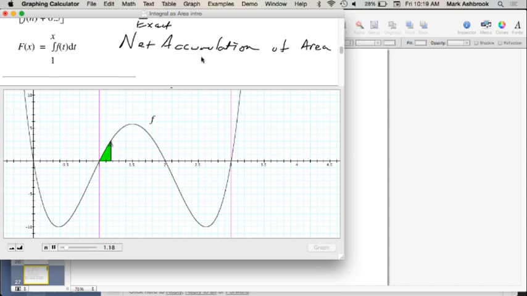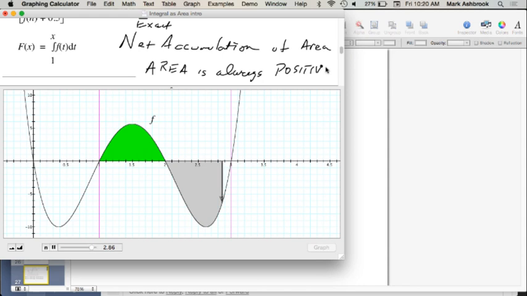Okay, so in light of that, is capital F an area function? Is it tracking how much area is accumulated? The answer is no, because area is always positive.